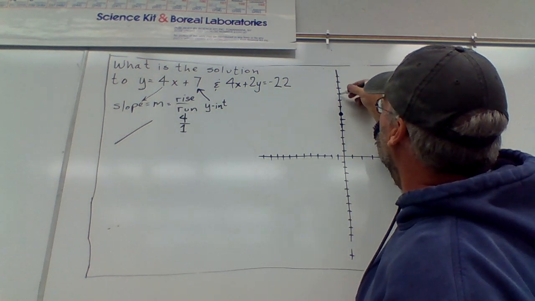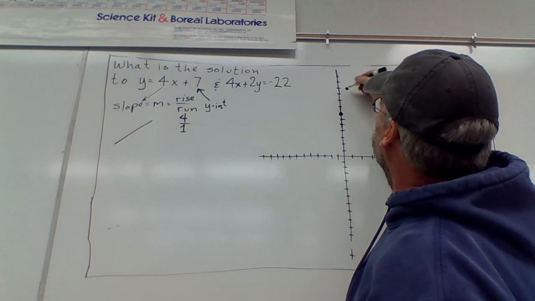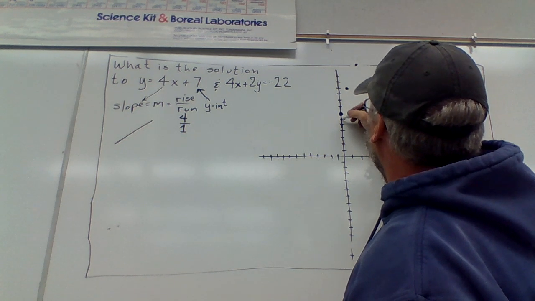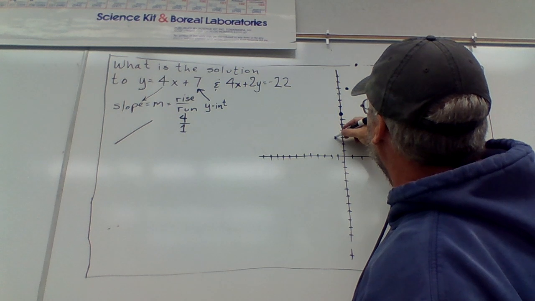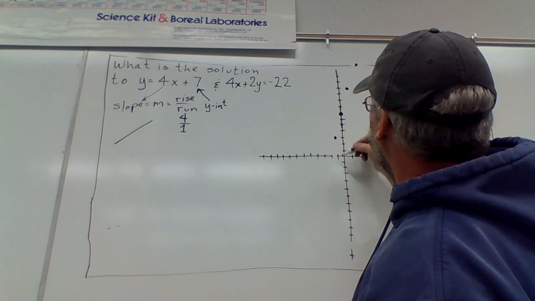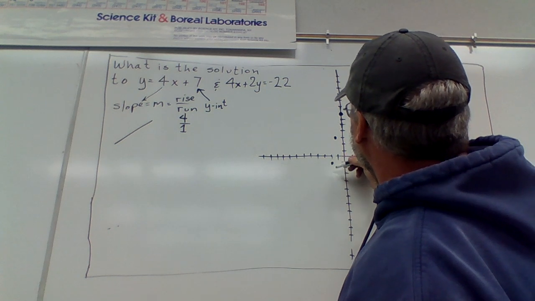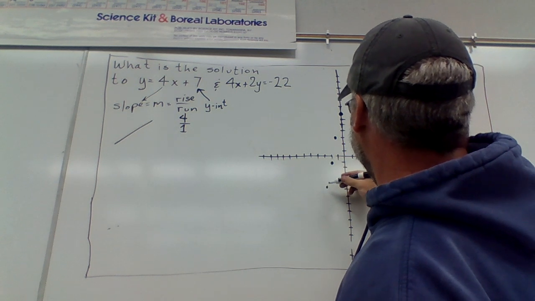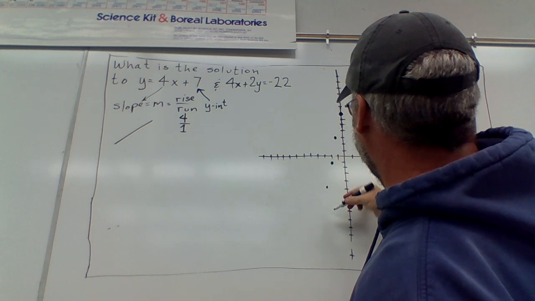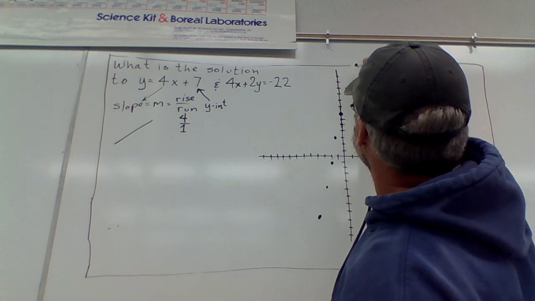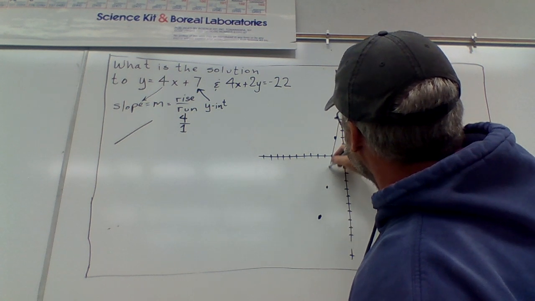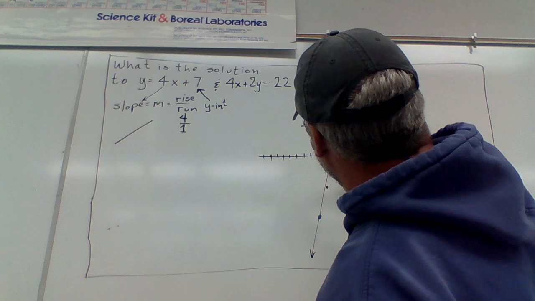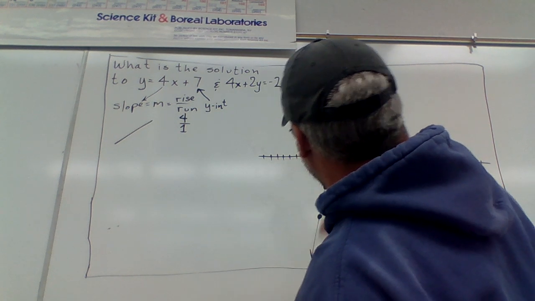Then we go up 4, over 1, and also down 4 and over to the left 1, a few more times. If we draw this line, it should look about like that. Let's make our dots nice and connected.